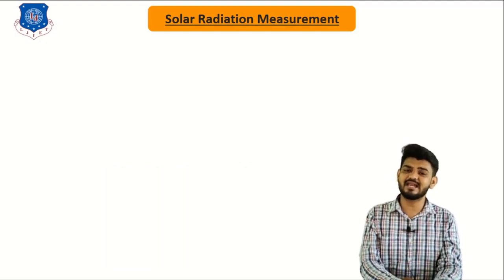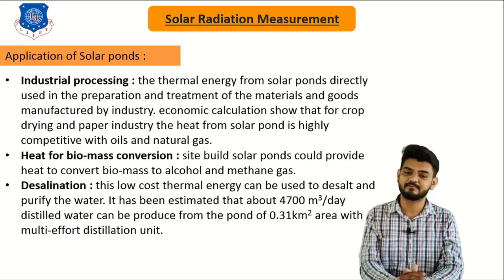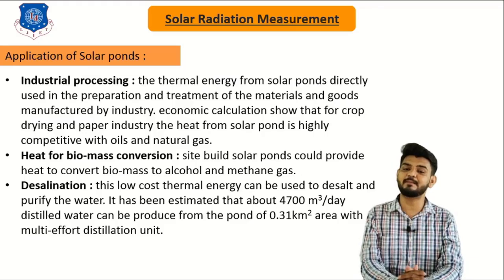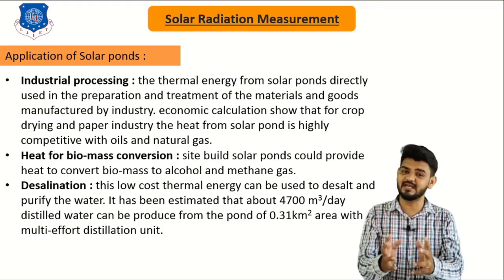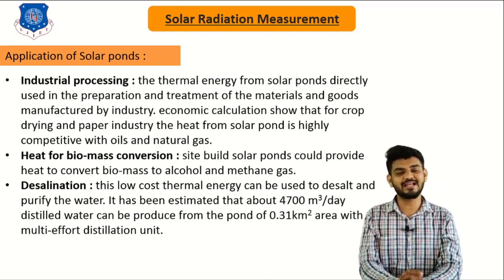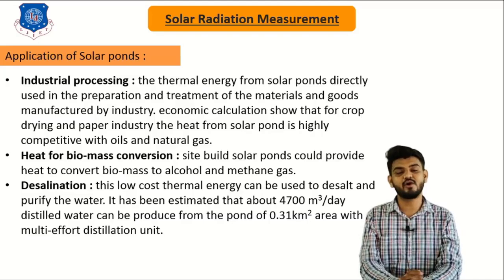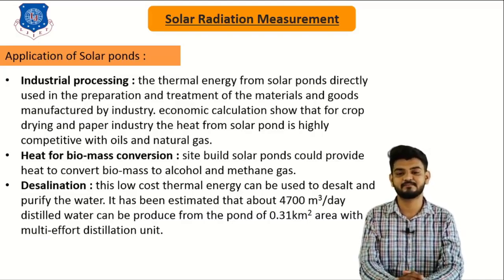Now let's discuss the next application of this solar pond, which is industrial processing. Thermal energy from a solar pond can be directly used in the preparation and treatment of materials and goods manufactured by industry. So we can directly utilize this thermal energy for producing different goods and processes.